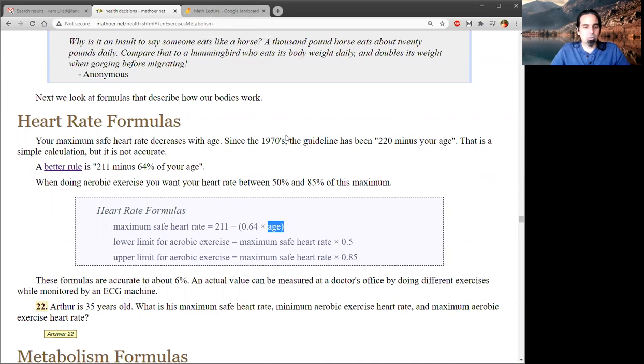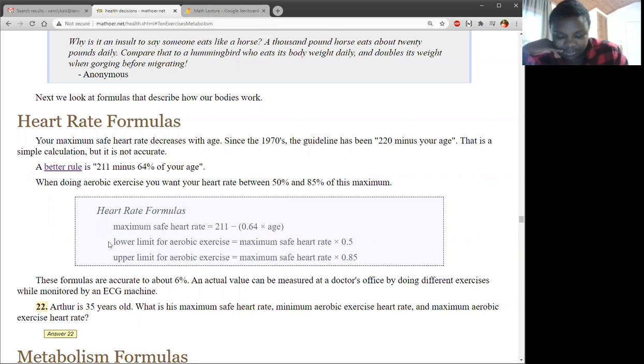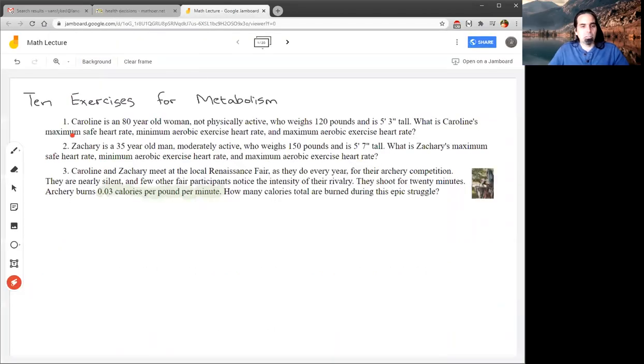No one talks about heart rates in tenths of a beat per minute, so just round it. And then for the upper limit, I did the 159.8 times 0.85, which equaled 136. Great. That's exactly right. And number 2 is the same, except whenever you had an 80, you'd put a 35.